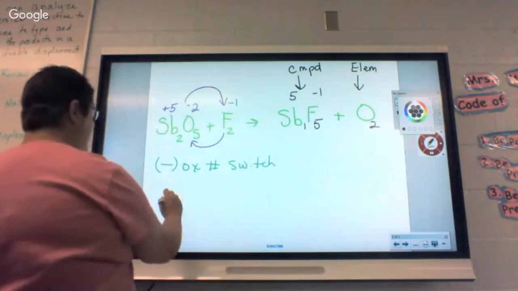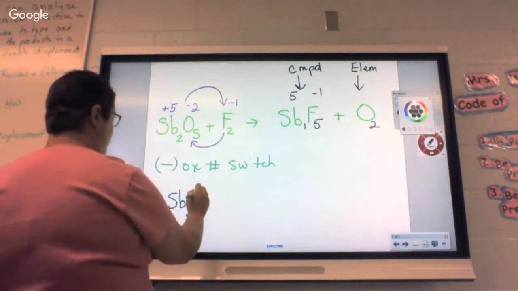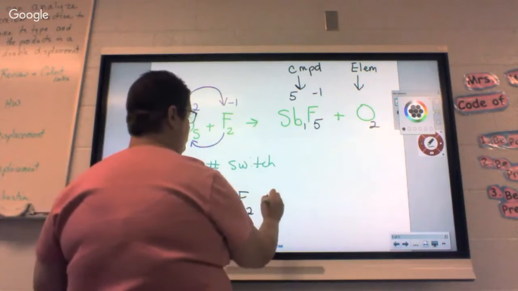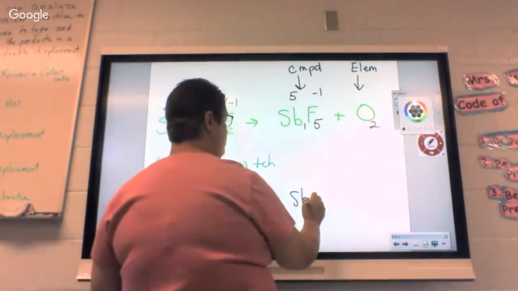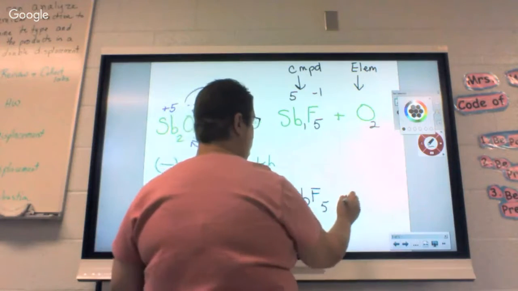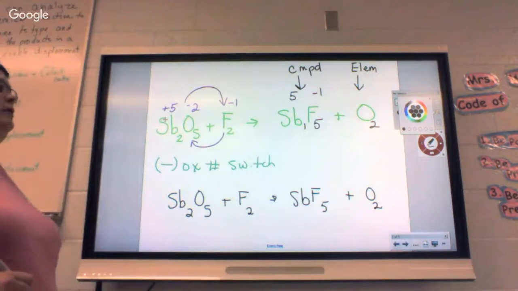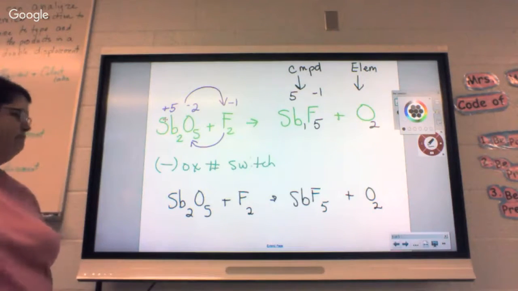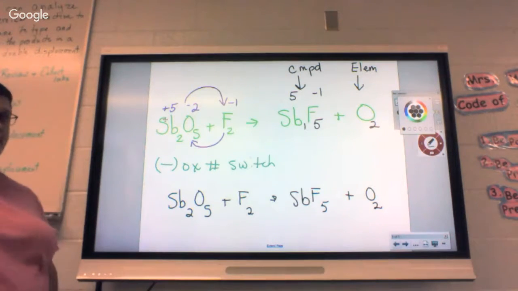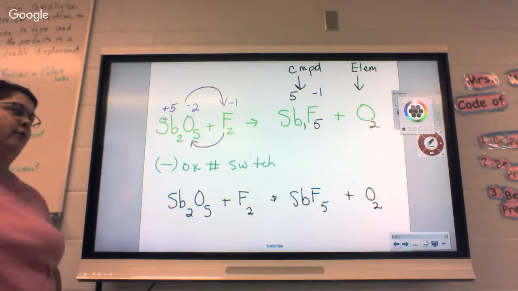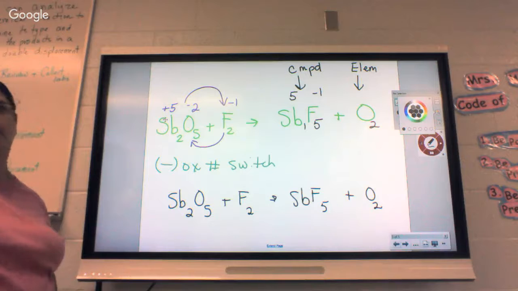So if I clean this up without all my drawings in it, you have that. Is it balanced? No. So you want to balance first. Not a good choice. Go with the biggest oxidation number or biggest subscript.